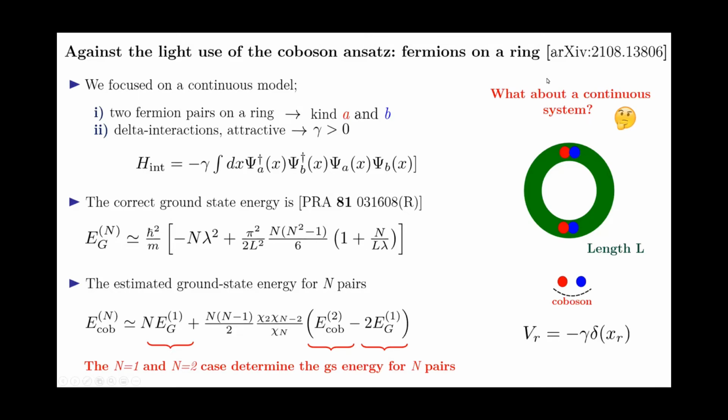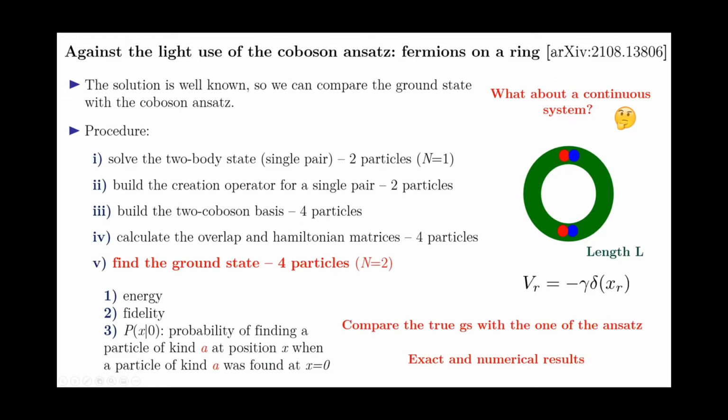And to do that, we follow this procedure, which is different from the one I told you before. First we solve the two-body state, or a single pair state, as before. Then we build the creation operator for a single pair, and then we build the two co-boson bases, and at this point we reach the two pair, or four particle, part.